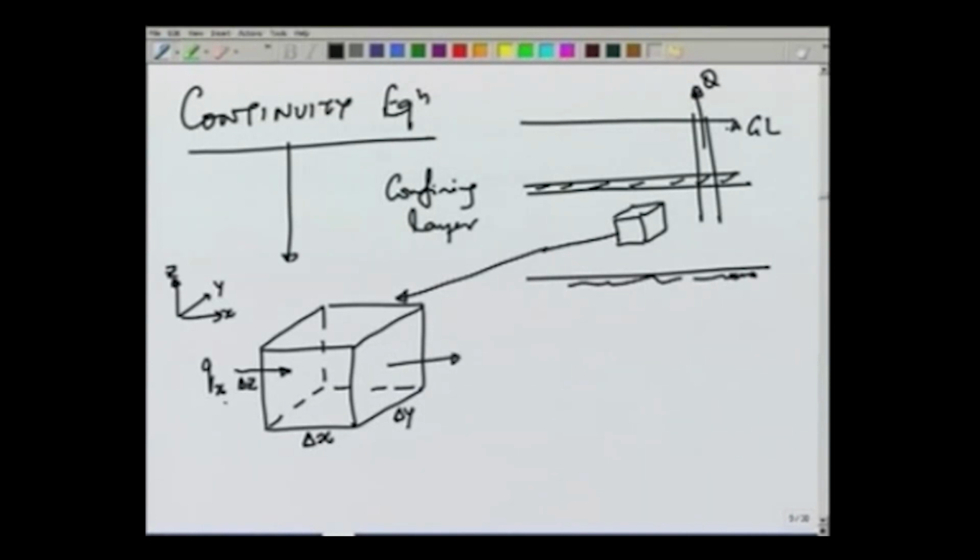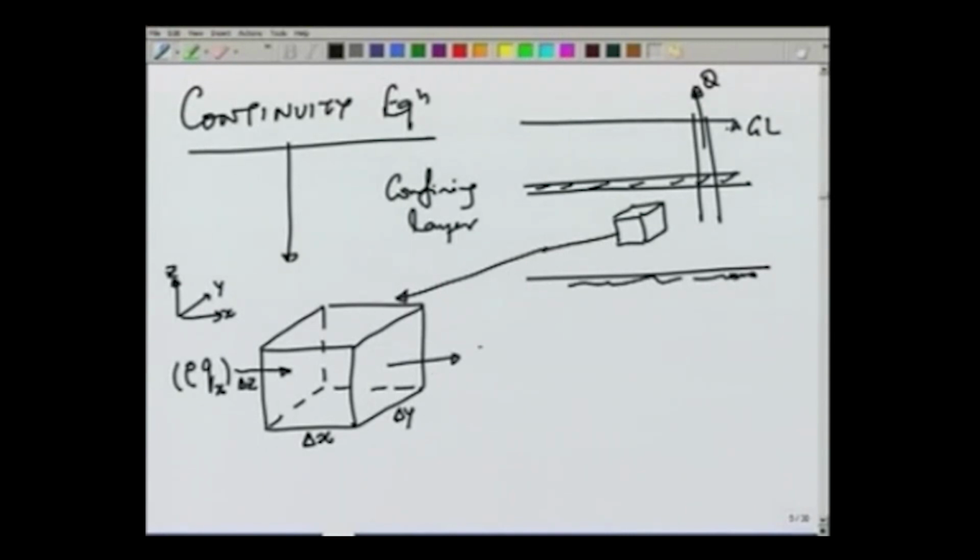Because of this velocity qx, the mass which is coming in, the mass flux, will be rho into qx. What we want to see is how much net mass is flowing into this control volume.